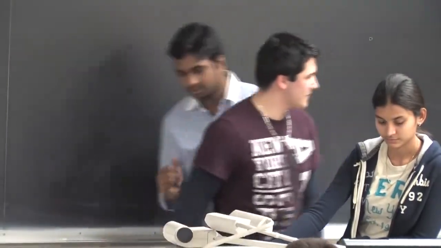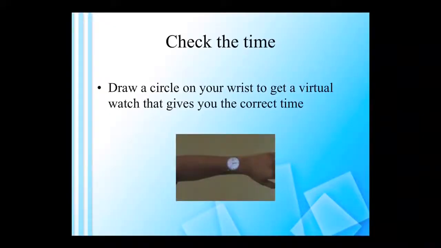Thank you, Greg. As of now, you got some information about what the 6th sense is, the components used in the device, and also the applications. I will give a clear idea of the applications so that you can understand how the device is used. Coming to the first application, as Greg told, we are going to draw a circle on our hand.